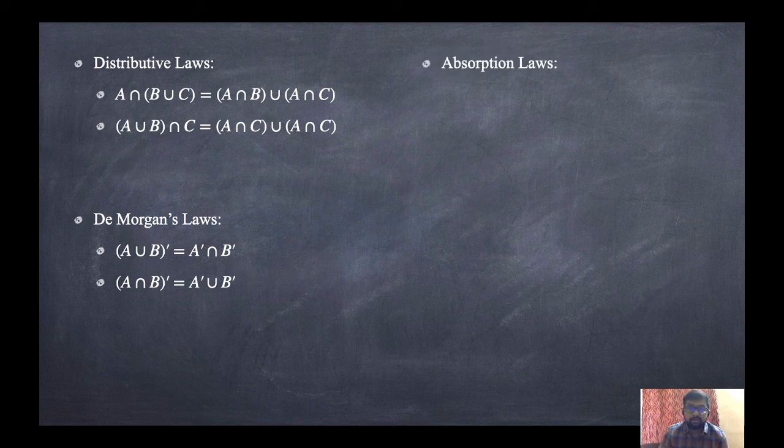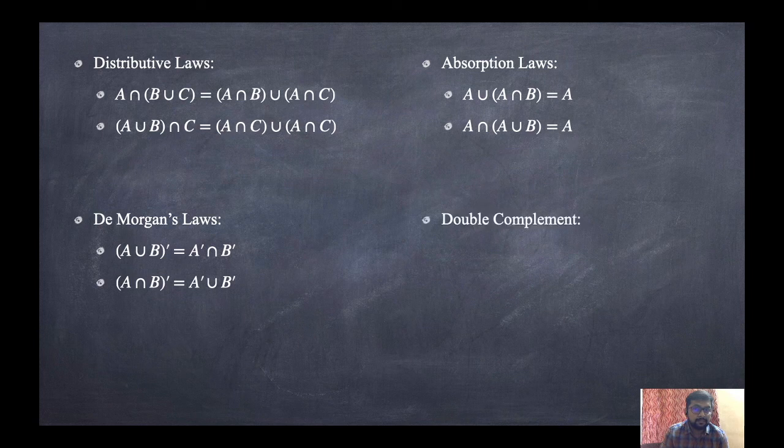Next, absorption law. A union (A intersection B) is A. As its name suggests, absorption: A absorbs the whole A intersection B and it results in A. In the same manner, A intersection (A union B): here A absorbs A union B, and that is A. Now next, double complement.